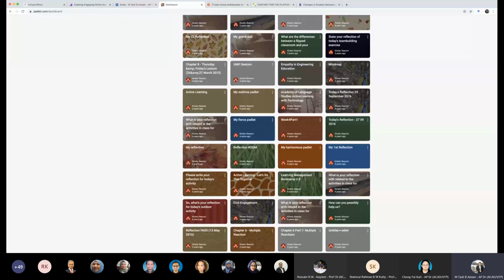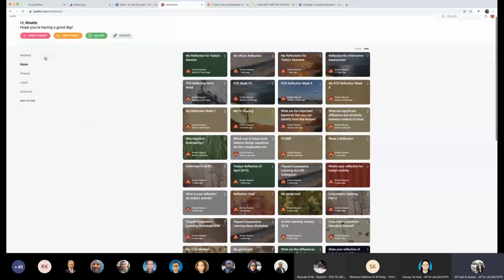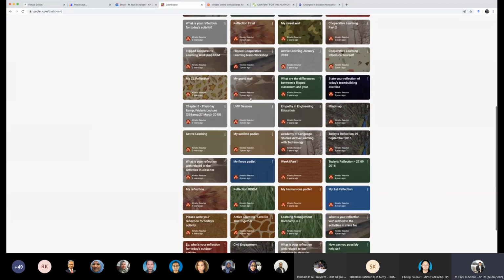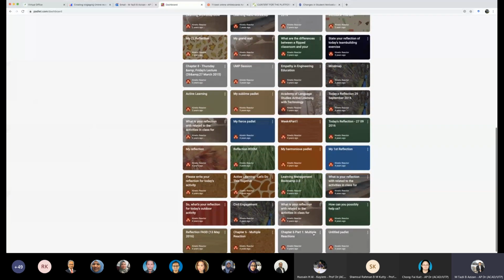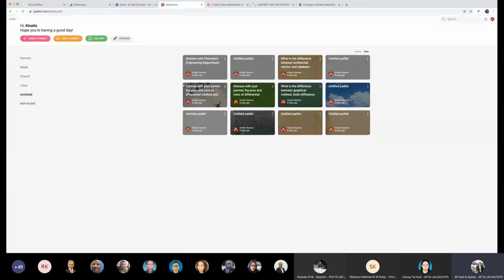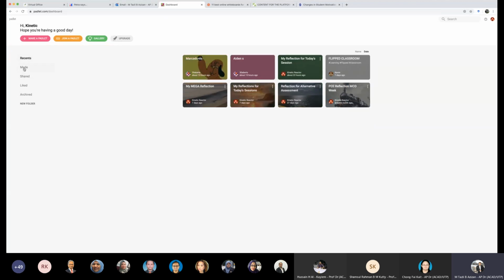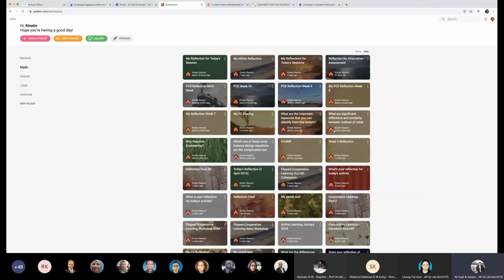For example, if you archive one Padlet, you can create a new Padlet. You may want to try that. I keep doing that. For example, my Padlet from 4 to 5 years ago, I've already archived it. So it is here, and then I can keep making a new Padlet to use with my students.